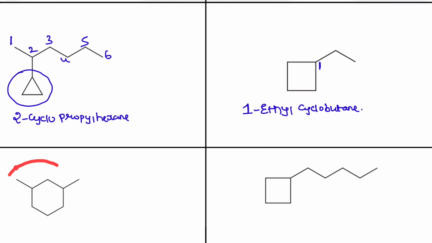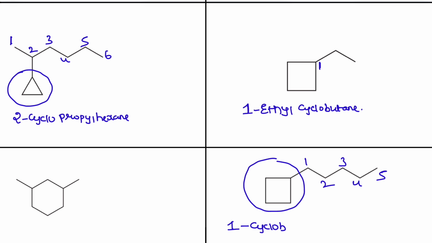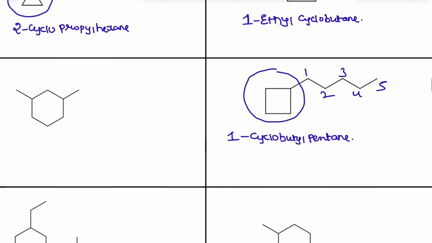And the next one, 1,3-dimethylcyclohexane, 1 2 3 4 5 carbons, but here only 4 carbons, therefore this is the principal chain. And at first position there is a branch, that branch is with 4 carbons and ring system, 1-cyclobutylpentane.